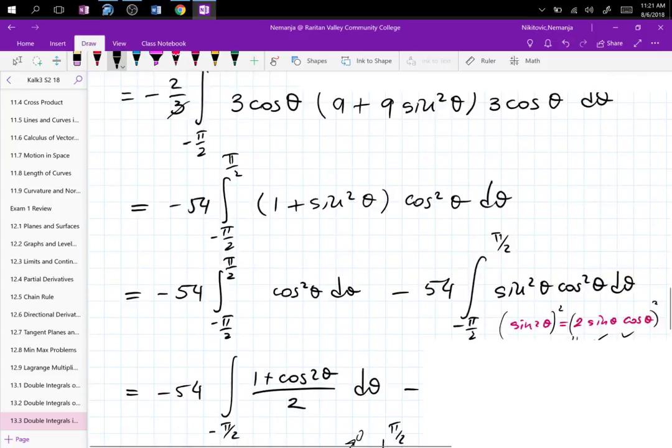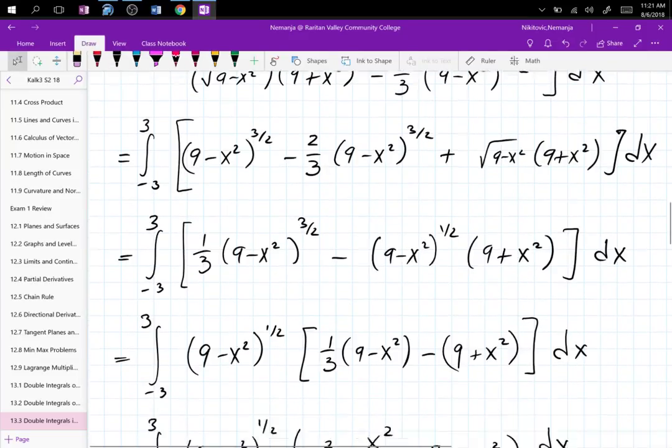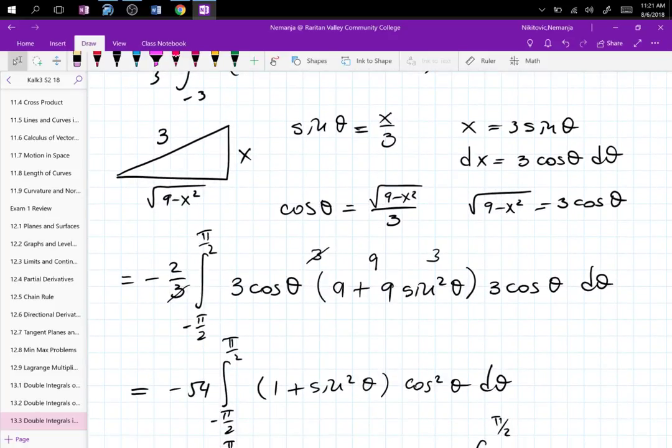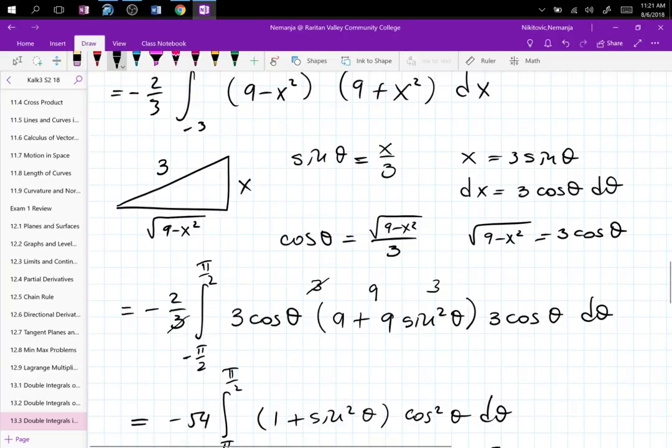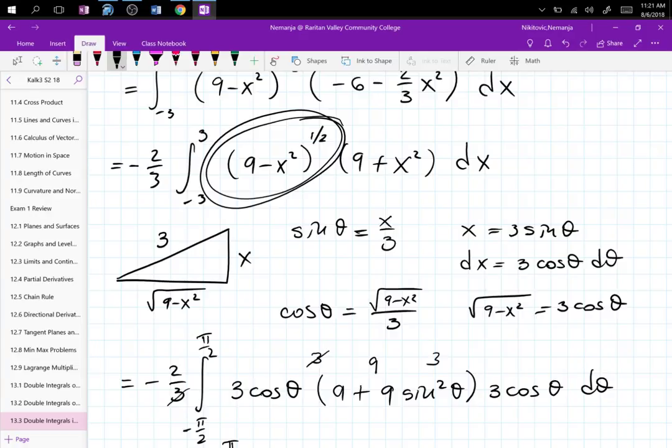So all of this that we did, well, first we had a whole bunch of algebra going, but then we had to do trig sub, because we were integrating over the square root. And when you have a square root of a difference of squares, well, that's trig sub.